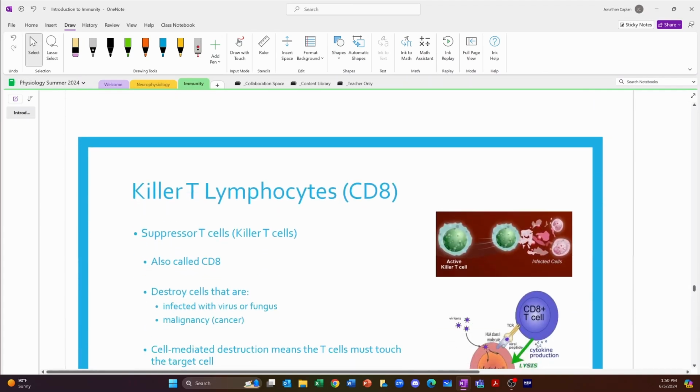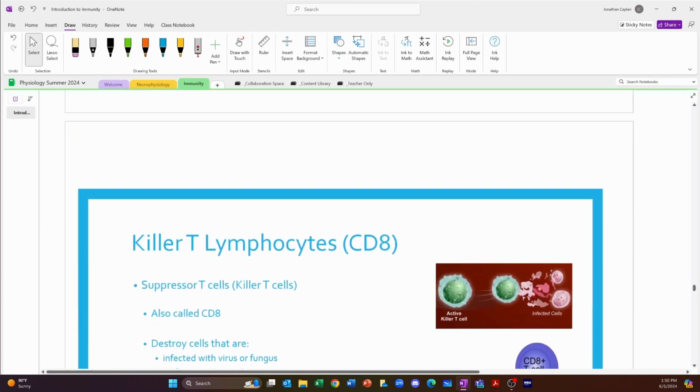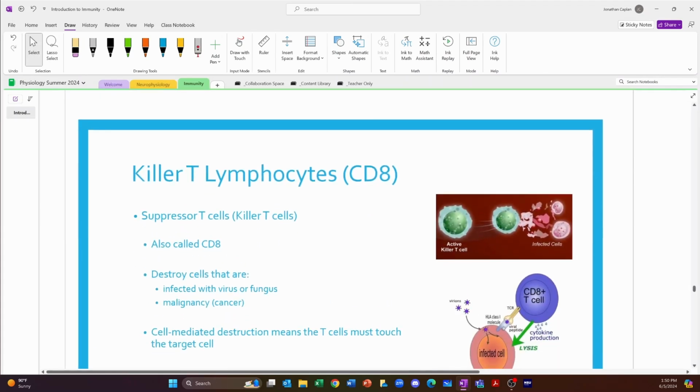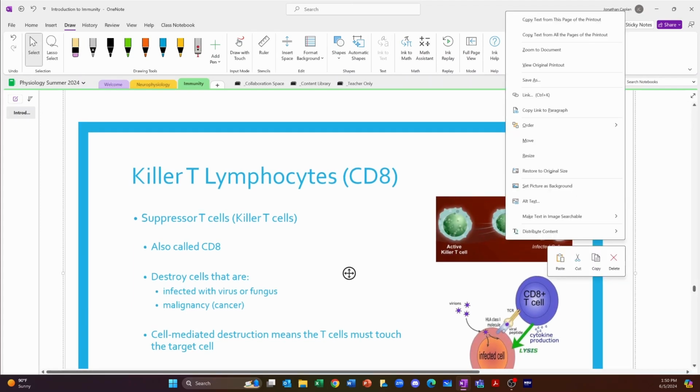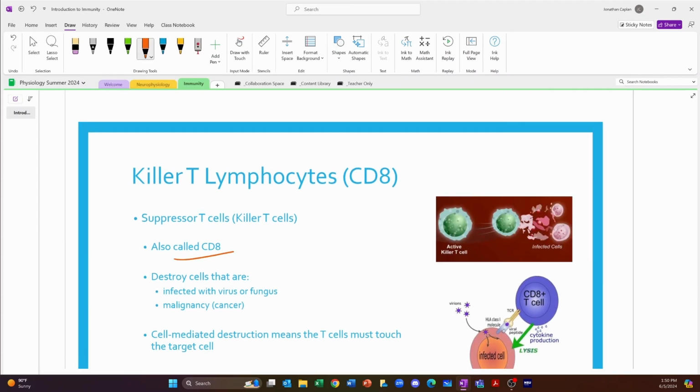Okay, our T lymphocytes, we have our killer cells, also known as CD8, and CD8 just refers to the type of receptor. They destroy cells that are infected with viruses or fungus or even cancer cells. So your killer T cells, CD8, are very good at, obviously, killing things.